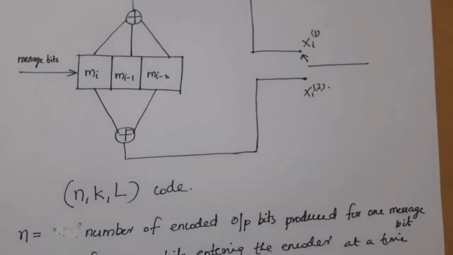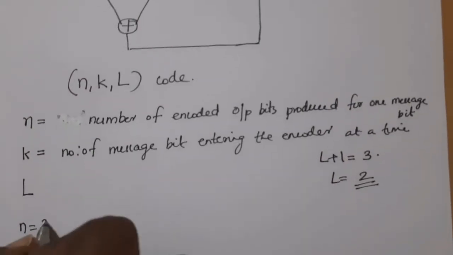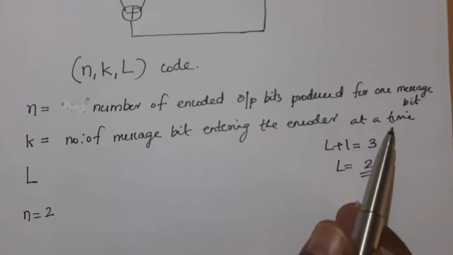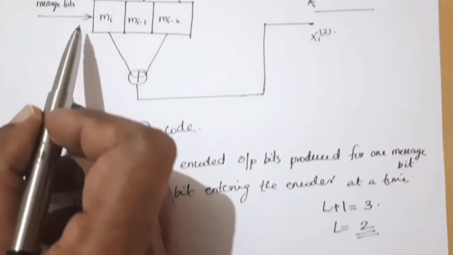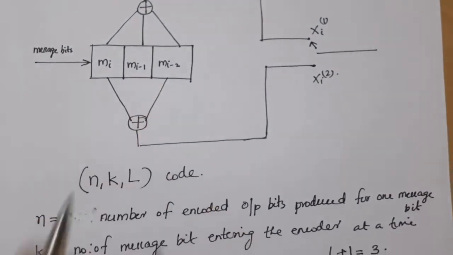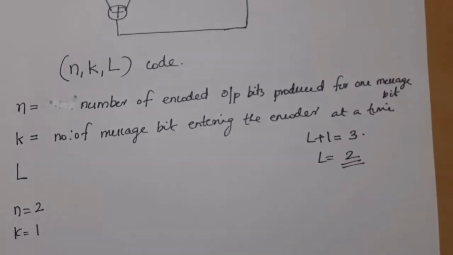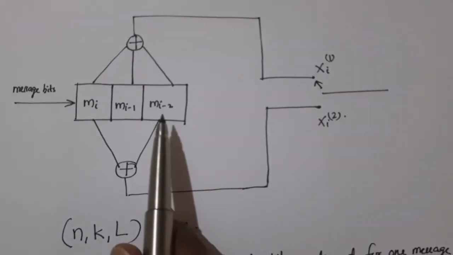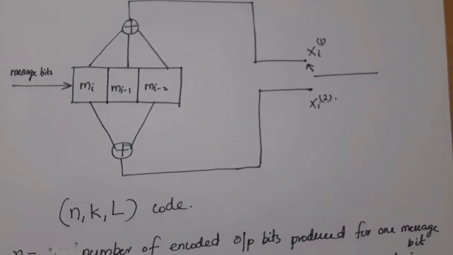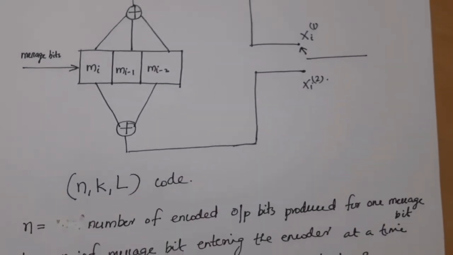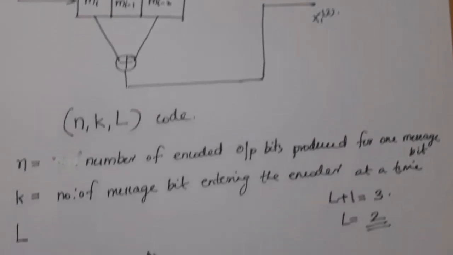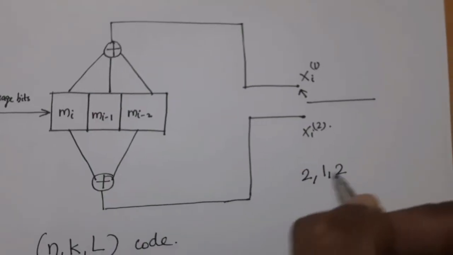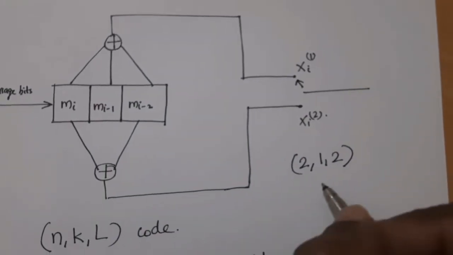So N equal to 2. K is the number of message bits entering the encoder at a time. At a time, only one message bit is entering the encoder. So K equal to 1. Now since there are 3 shift register stages, L plus 1 is 3, so L equal to 2. So the given convolutional encoder is a (2, 1, 2) convolutional encoder.